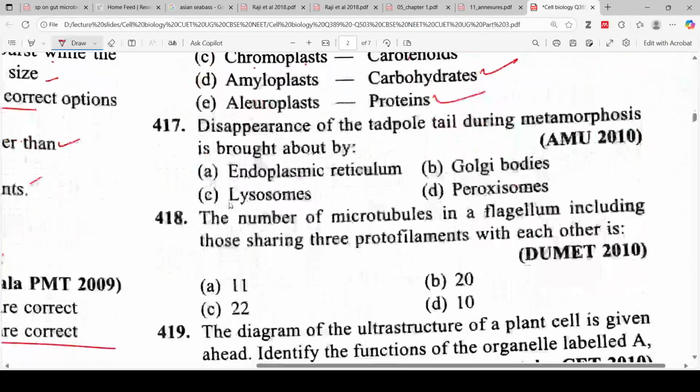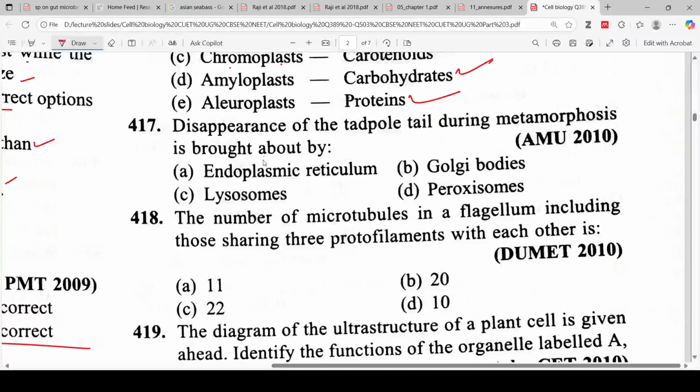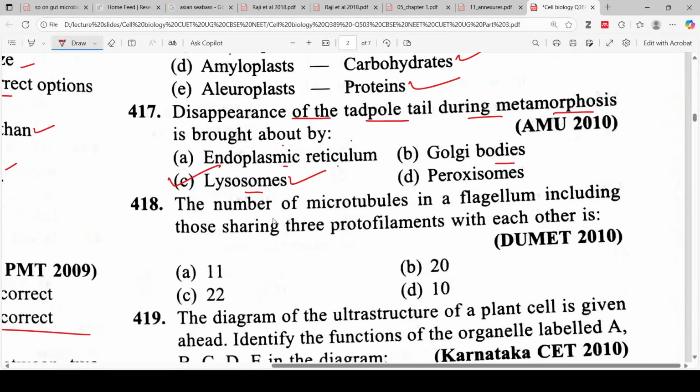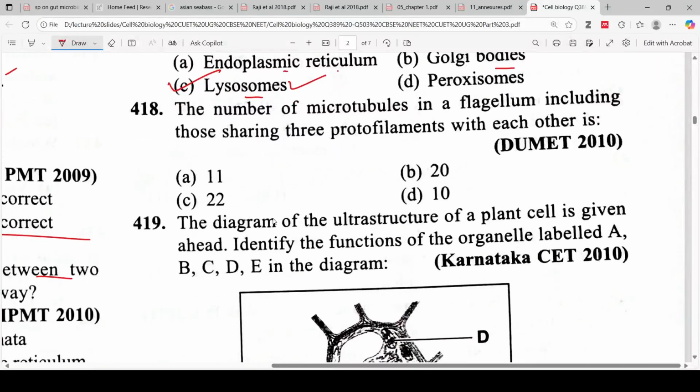Next question: disappearance of the tadpole tail during metamorphosis is brought about by endoplasmic reticulum, lysosomes, Golgi bodies, or option D, peroxisome. So the correct answer will be option C. Disappearance of the tadpole tail during metamorphosis is brought about by lysosome.